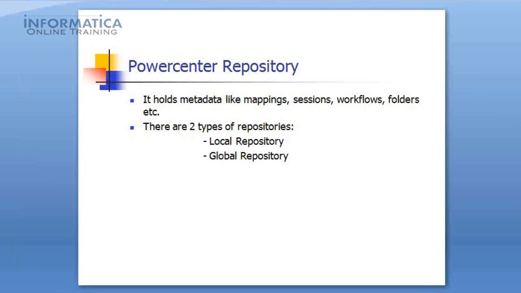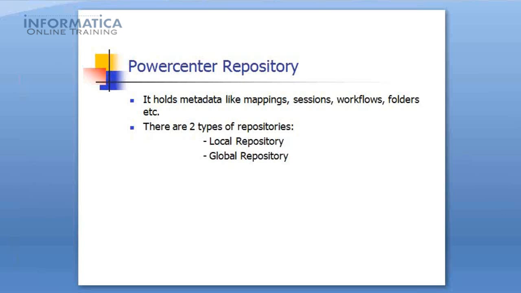Let us consider there is one repository under Informatica PowerCenter. There I have created a lot of objects under a single user. I just want to share my mapping or session with some other users.